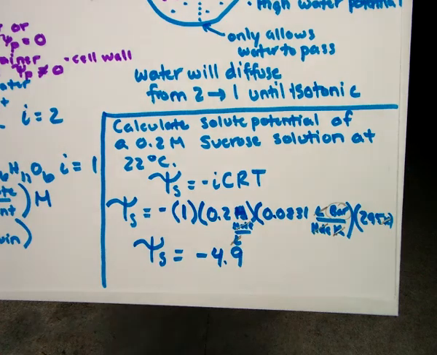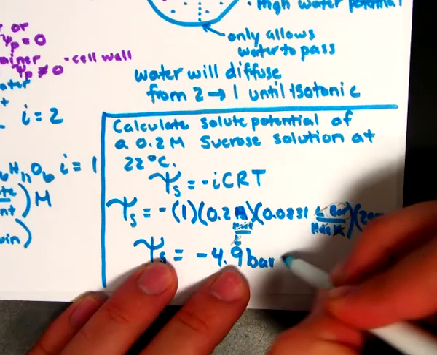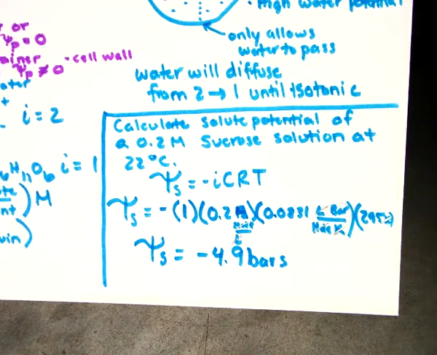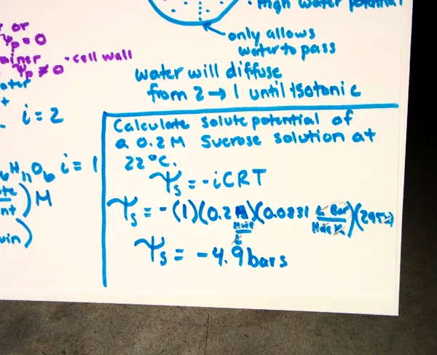Bars. So, I got a question. What the heck is a bar? Bars are just the units of psi. It's related to pressure. You don't really need to know why they call it bars, but anytime you see that unit, it's referring to either solute potential, water potential, or pressure potential. They all use bars.